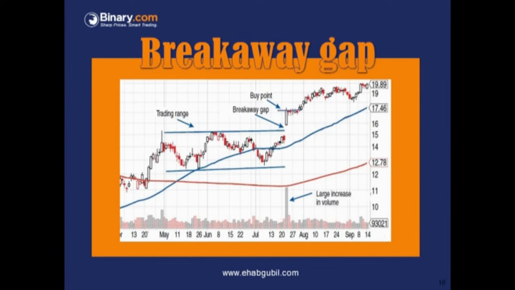Remember that while the breakaway gap generally doesn't fill like the common gap, it will in some cases. Also, the gap will often provide support or resistance for that resulting move. Remember also that the breakaway gap is a good sign that the new trend has started.